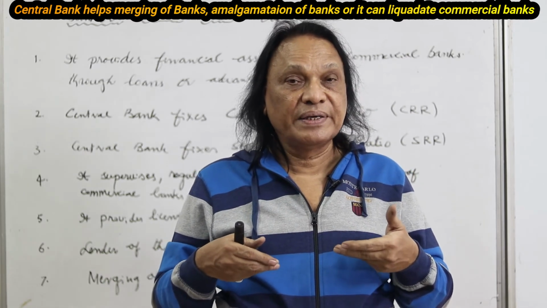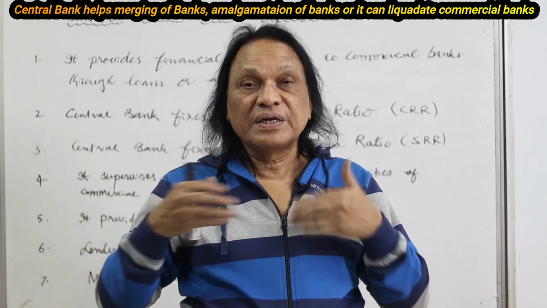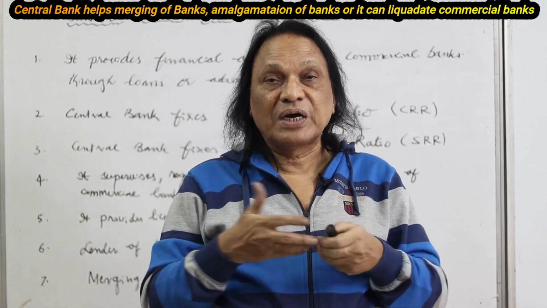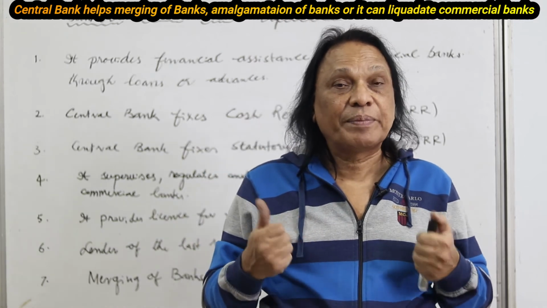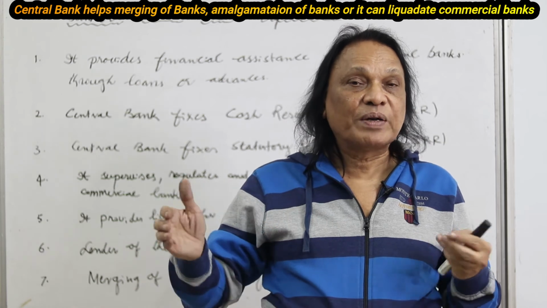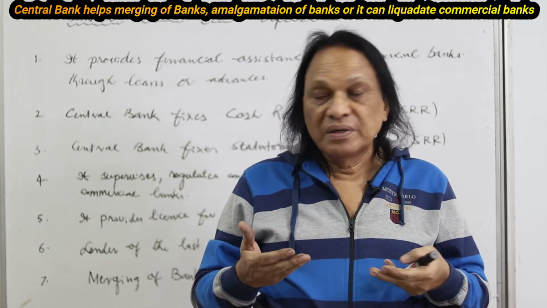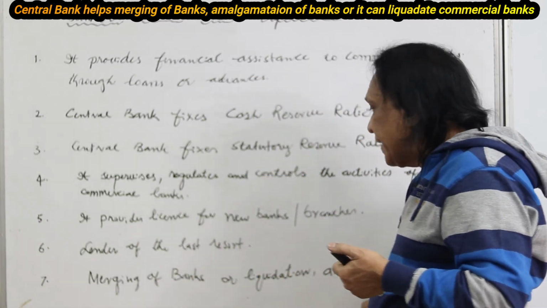Recently, many of the banks have been merged by the central bank. The central bank has the power to merge one bank with the other bank. Merging of the commercial banks, that we call amalgamation.